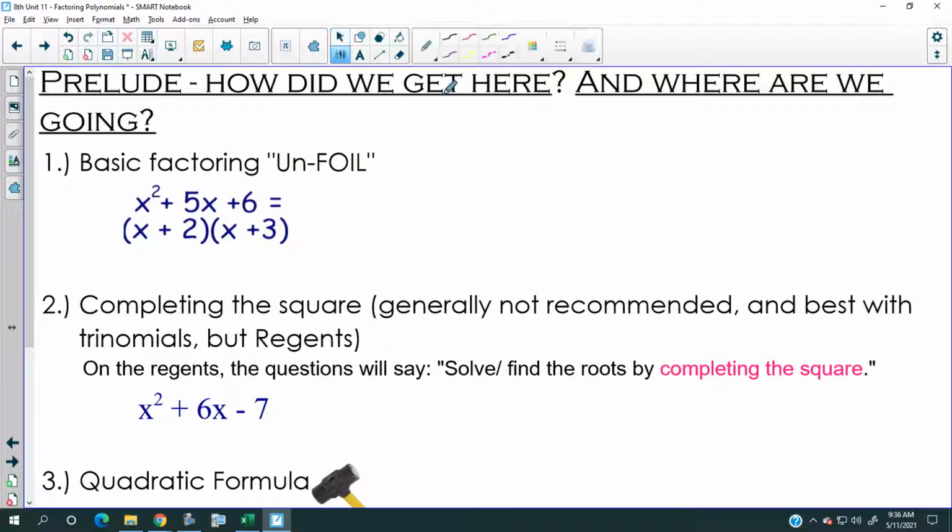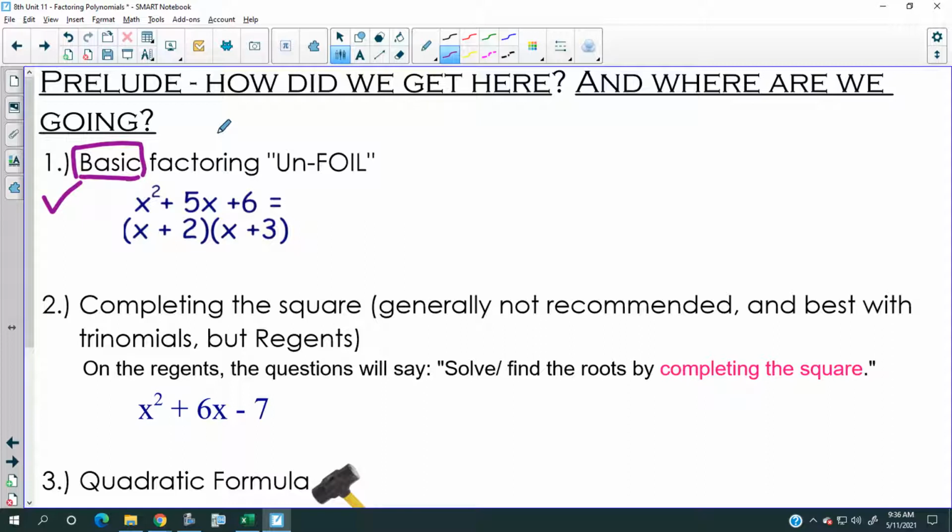Now the very first thing: we've done some basic factoring of trinomials. When I say basic, I don't really mean basic, because we must have spent at least over a week on this, right?